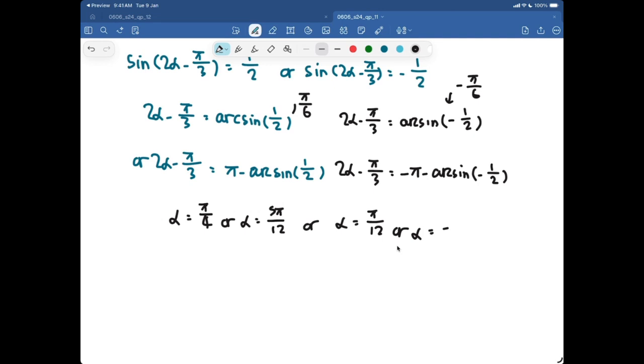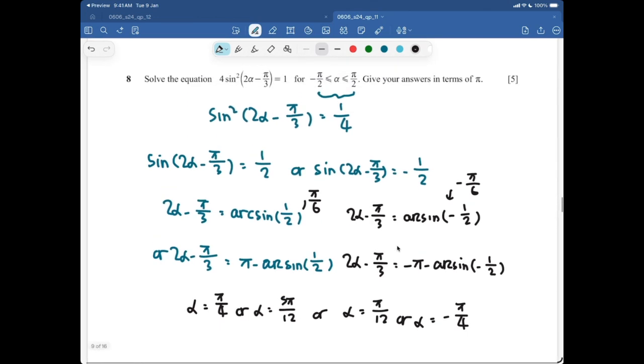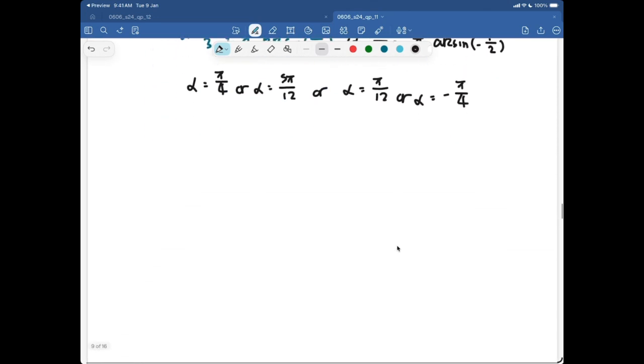Negative pi over 4. I hope I did not miss any solutions. It seems like I did miss one, probably, but you know what? I think that's a good enough attempt to this question.